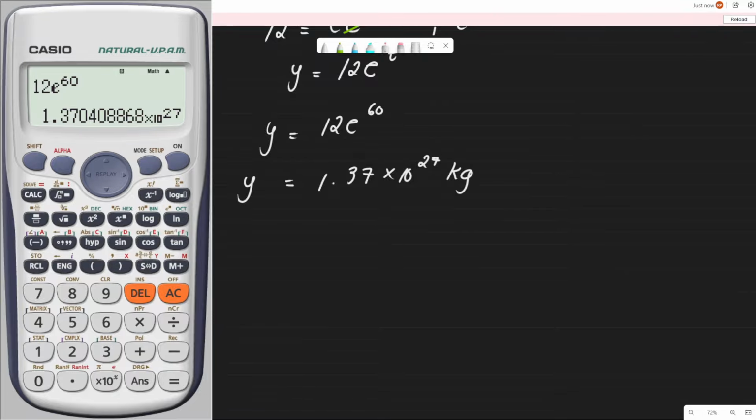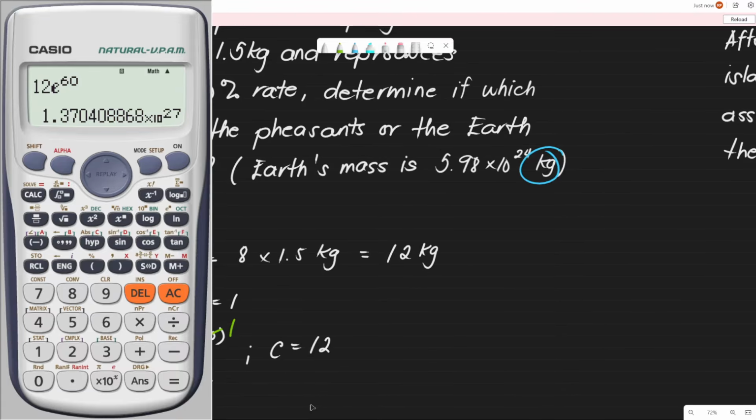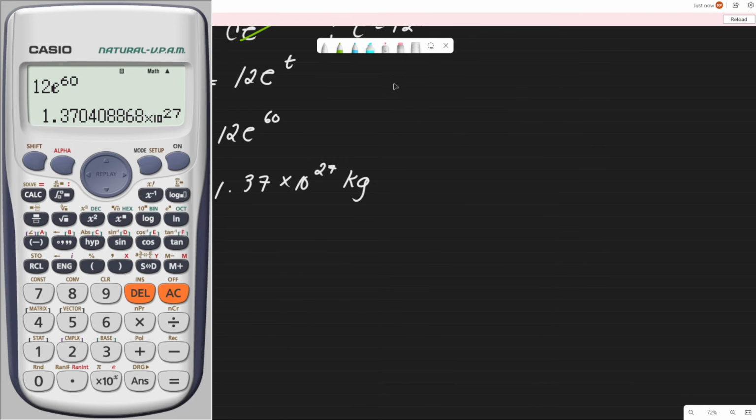But this is not the answer. Remember guys, hindi ito ang tanong. Ano ang tinatanong? Ano ang mas mabigat? Yung Earth or yung pheasants? So ano nga ba yung reference natin for the Earth? That is 5.98 times 10 raised to 24. Obviously, dun pa lang sa exponents, 27 is greater than 24.